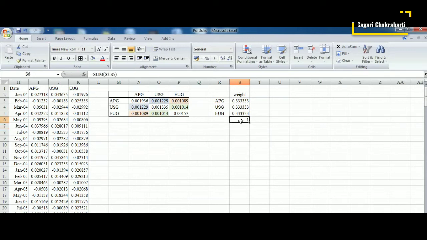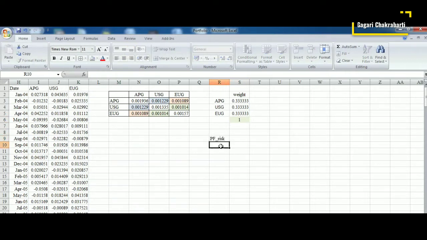This cell shows the sum of all the weights, which is always equal to 1. But for our computational purposes, this cell should have a formula in it. We should not enter any value in this particular cell.